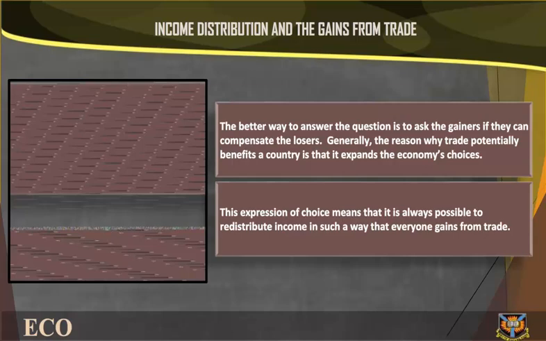The better way to answer the question is to ask the gainers if they can compensate the losers. Generally, the reason why trade potentially benefits a country is that it expands the economy's choices. This expansion of choice means that it is always possible to redistribute income in such a way that everyone gains from trade.